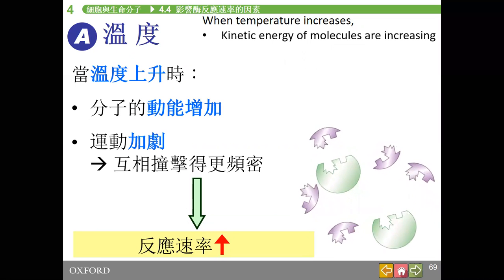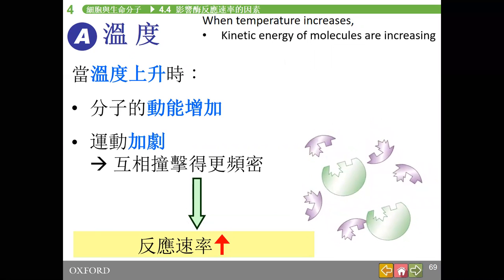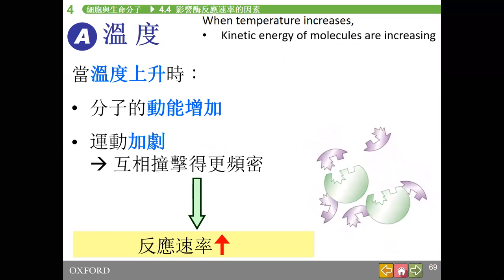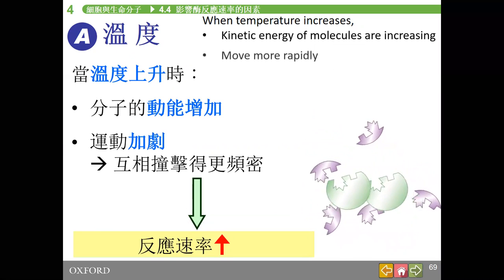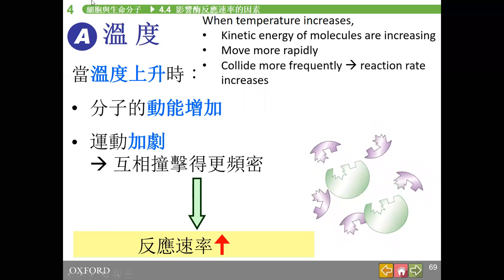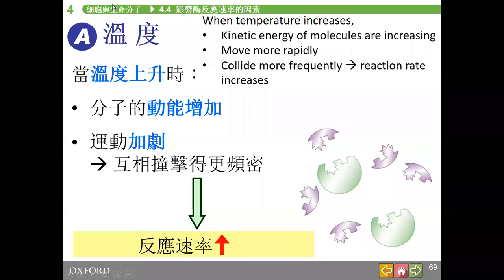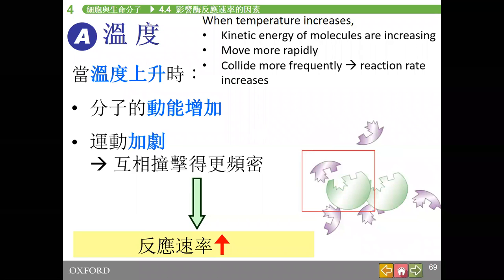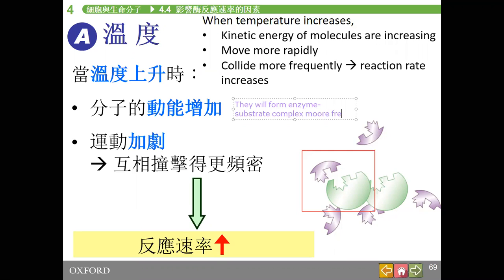the kinetic energy of molecules is increasing. They move much more rapidly. They collide with each other more frequently, so that they will form enzyme substrate complex more frequently.